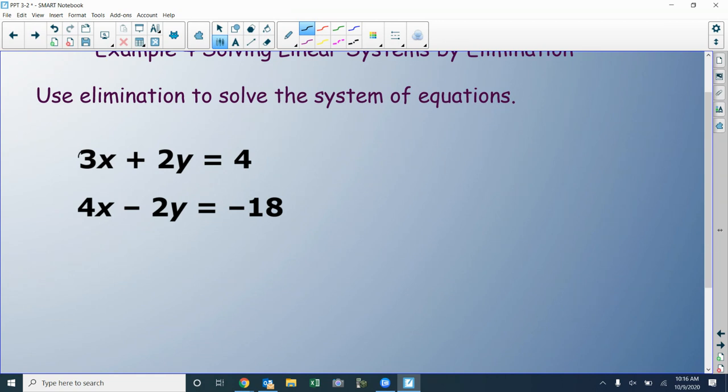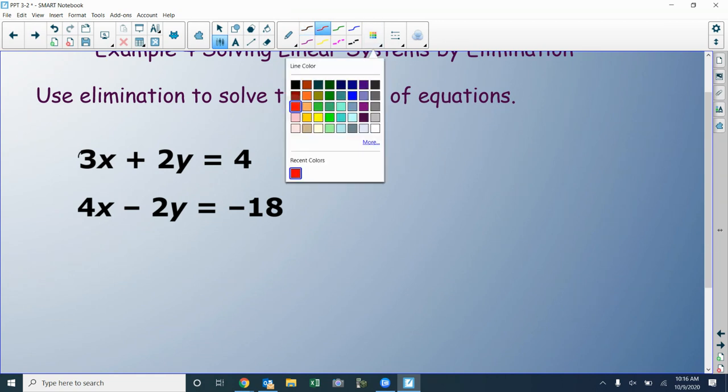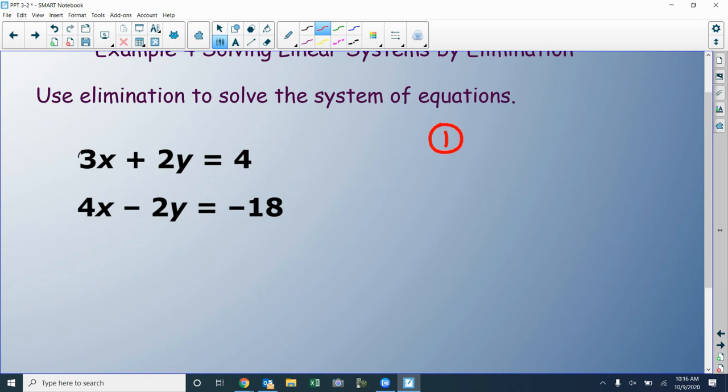As you start to think about elimination, I'd like you to think about step one as same number, one positive and one negative. So I'm either going to get the x's with the same number, or I'm going to get the y's with the same number, but they have to have one positive, one negative.